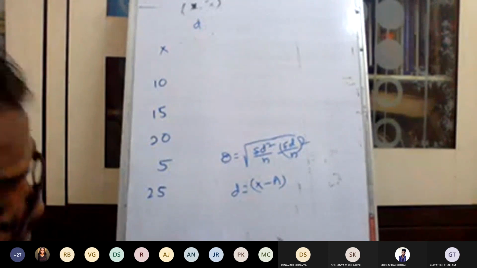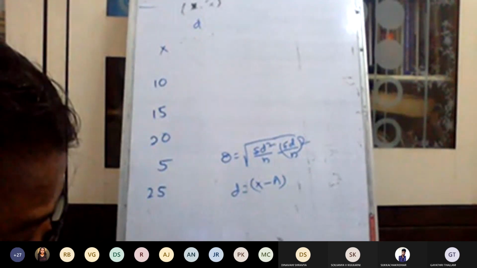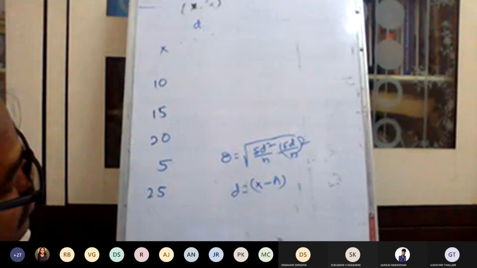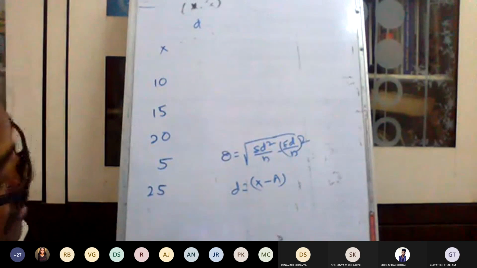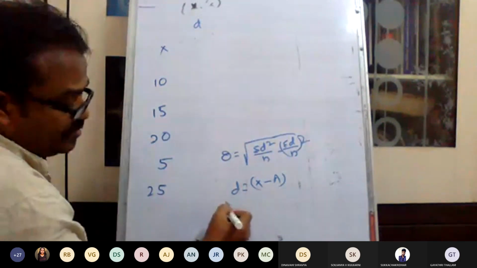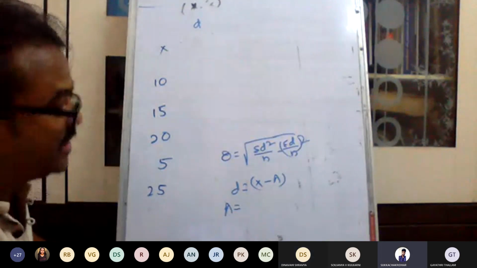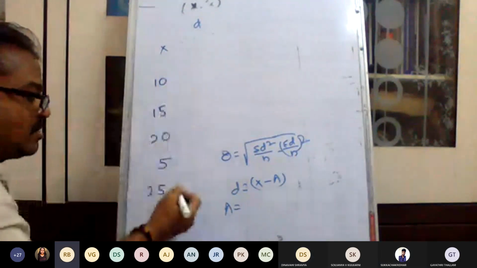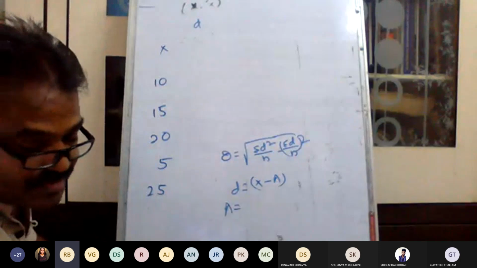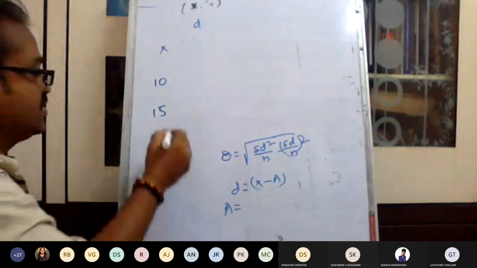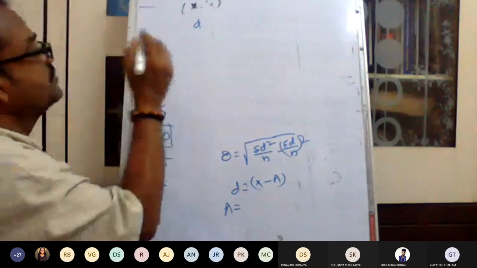So what is the A value? A is the assumed mean. Should we select 20 from here or calculate the arithmetic mean? Yes, 20. Okay, go with 20.